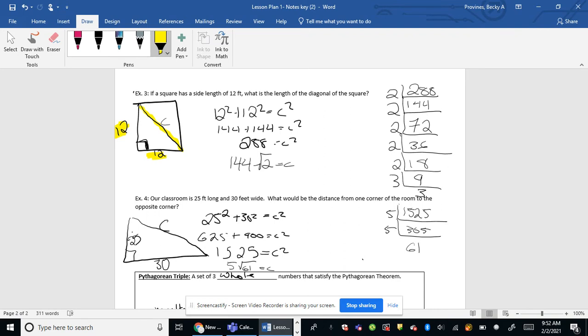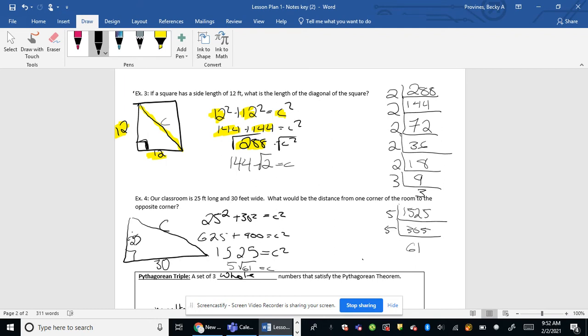So a squared plus b squared, so those are both going to be 12s. And then c is going to be our hypotenuse, so c squared. 12 squared is 144, so we have that twice. And if we add 144 together, we get 288 equals c squared. Now we need to take the square root of both sides to get just c.